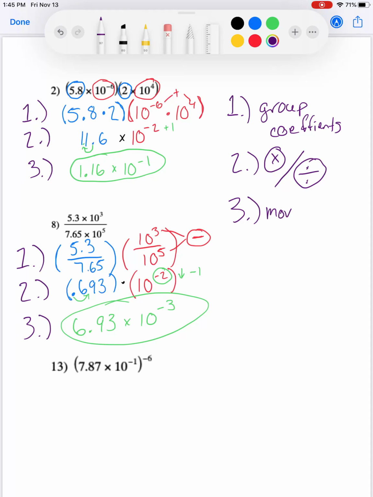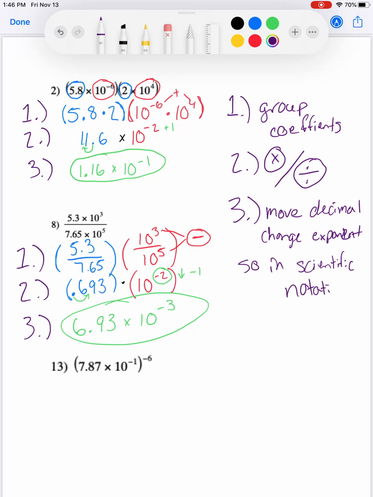Then my third step, I'm going to move the decimal and change the exponent so that it's in scientific notation. Okay, so that's how you do the multiplication and division.